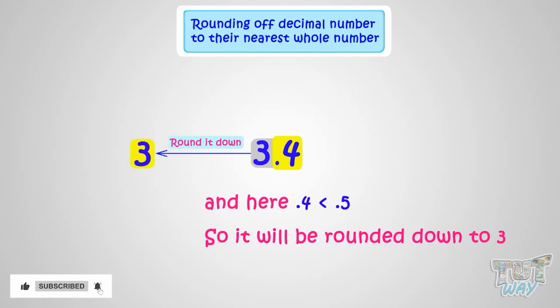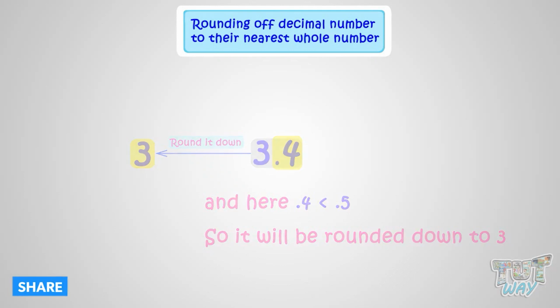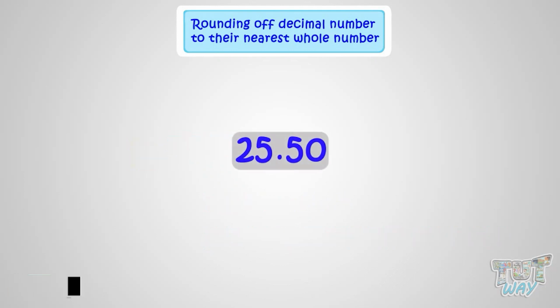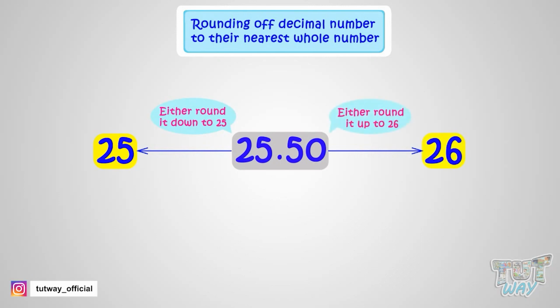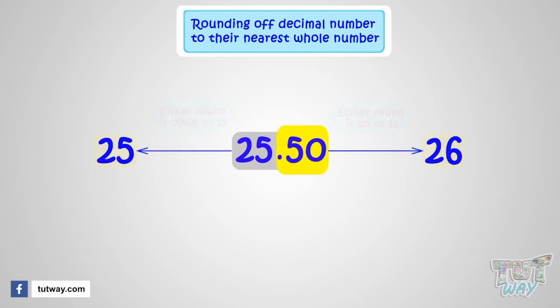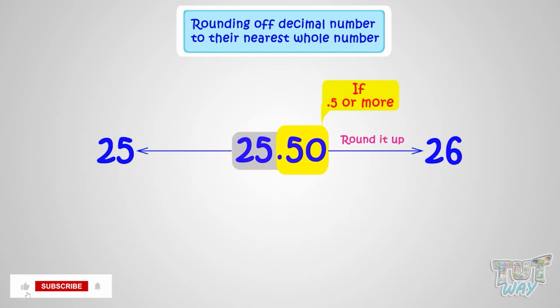Now let's take another example. Here we have the number 25.50. That means this number is between 25 and 26. And it can be either rounded down to 25 or rounded up to 26. And all depends on the decimal portion, which is 0.50 here. And we learned, the rule is, if the decimal portion is 0.5 or more, the number is rounded up.